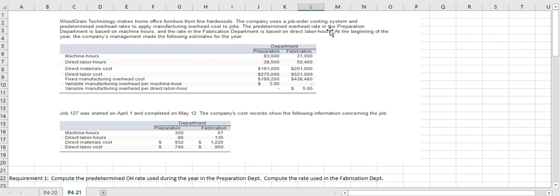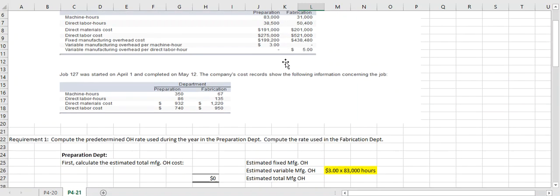That's really the primary cost of the process in the preparation department. So they're tying the overhead to those machine hours because that's just what's logical. In the fabrication department, my guess is it's a very labor intense department, so they're tying their overhead cost to that labor cost because that's the primary cost driver in that department.